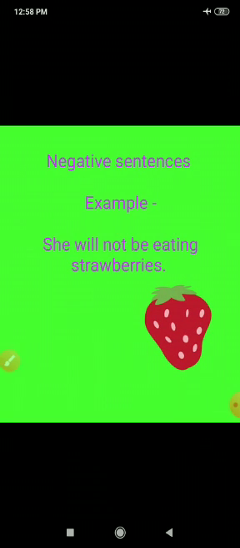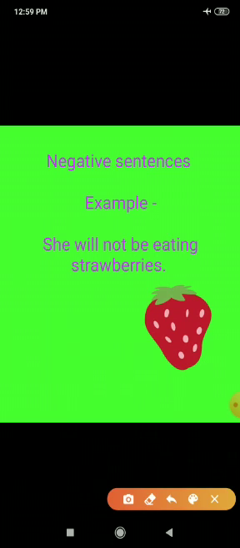And what about negative sentences? Here we have an example. She will not be eating strawberries. Here we have inserted not. Without not, we have a positive sentence. She will be eating strawberries. How do we form a negative sentence in future continuous tense?